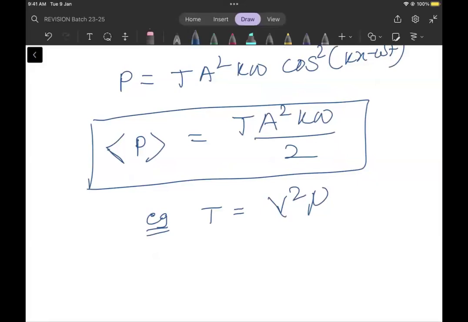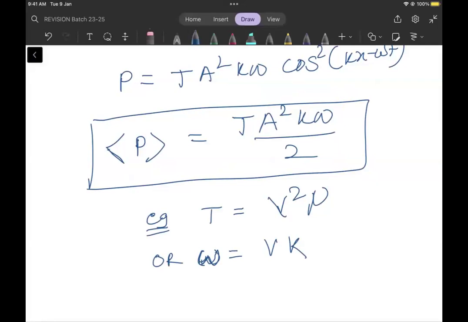Or you can write omega, remembering that omega by k is equal to velocity, so you can write this as Vk. So you can replace virtually any term apart from the amplitude.